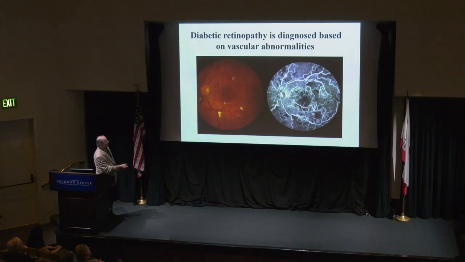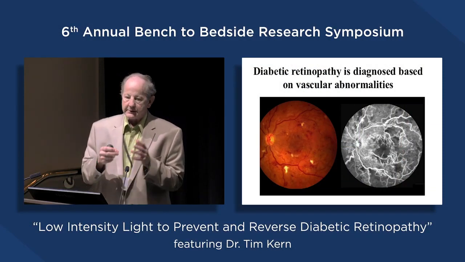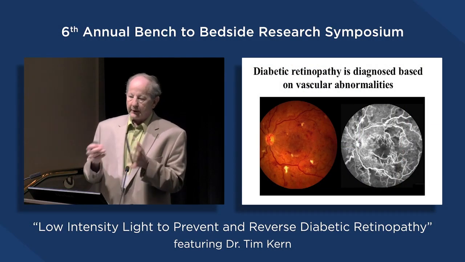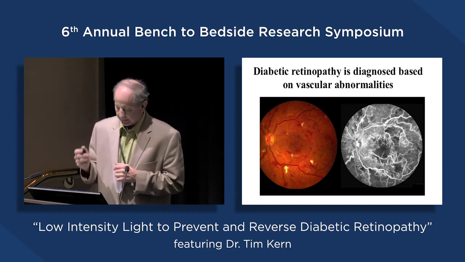But you can also see much darker areas where there is no blood flow at all. So one of the things we're trying to do is identify ways to inhibit the degeneration and leakiness of the blood vessels in the retina.